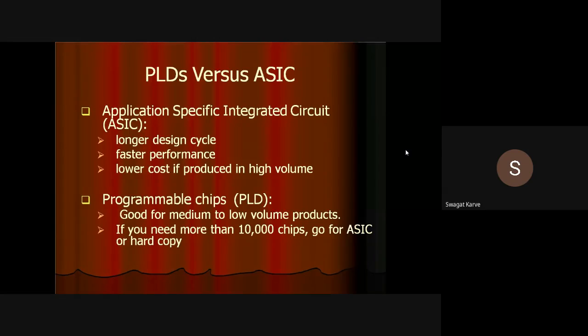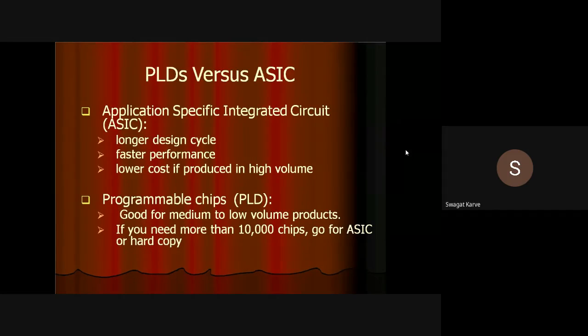Now what is the difference in PLDs, that is programmable logic devices or programmable chips? They are good for medium to low volume products. If you want to design any general purpose board or general purpose IC, then PLDs, the programmable chips, are very good. And if you need more than 10,000 chips, then go for ASIC or hard copy.